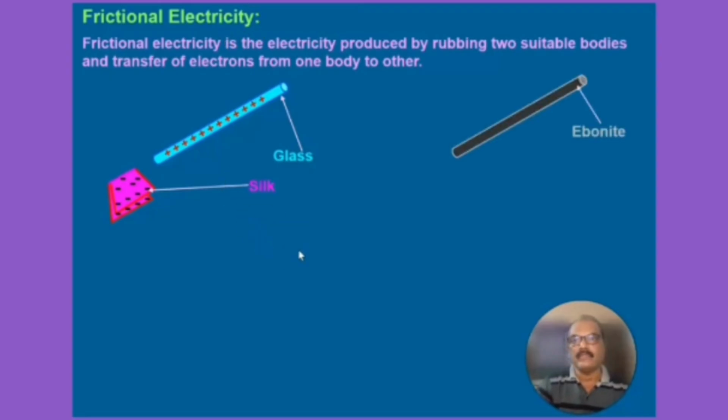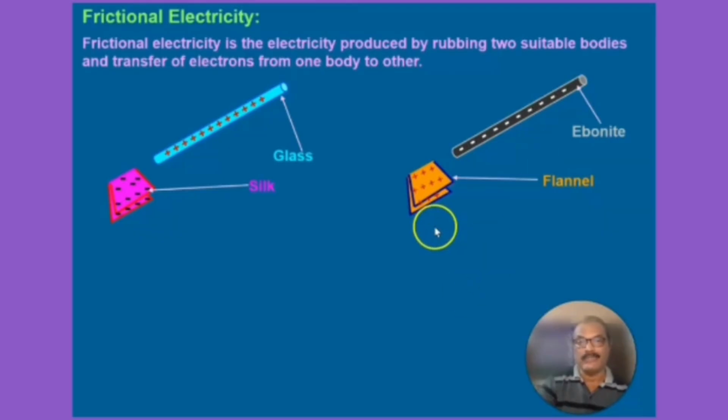Next you can see your ebonite rod. Ebonite is made up of plastic material, almost all, and here the flannel means wool, yellow color, is kept over it. You can see what is happening: opposite charges will be created.